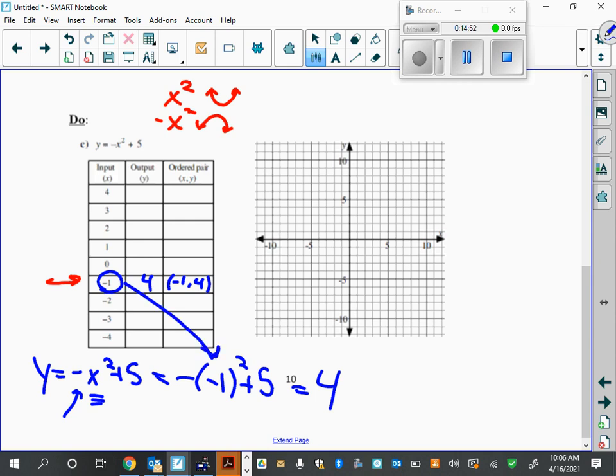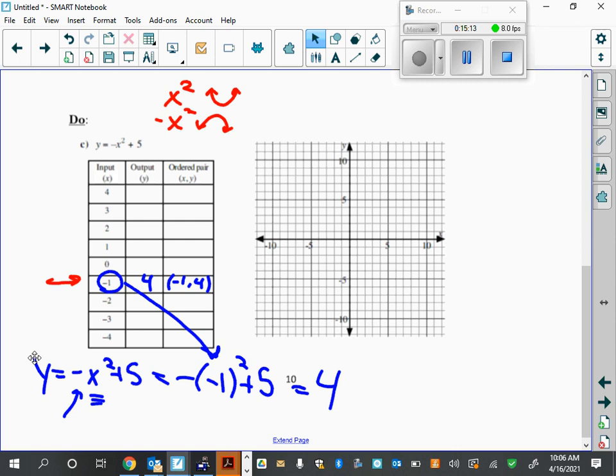So be careful with this one and study, so you know the difference between the one we just did and the one that has a negative x squared in it. Okay, fill in the rest of the table, plot it, answer the questions. Actually, I don't think there are any questions, but I'm going to give you questions.